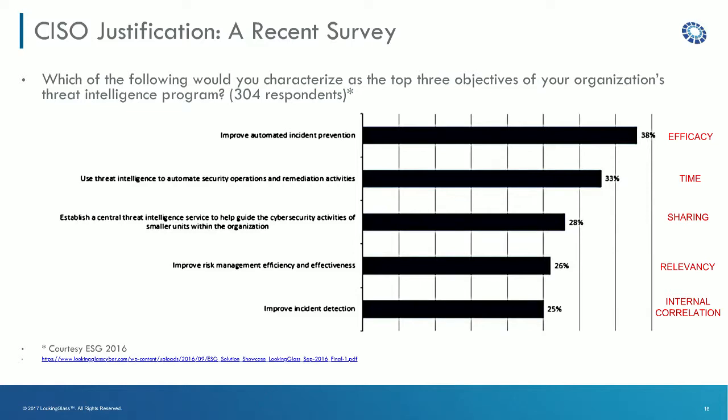So in this survey from 2016 from ESG, one of the key questions that they asked the participants was, what are your objectives around a threat intel program? And one of the key messages from looking through the top answers is really about automation and refinement and improvement in an existing environment.